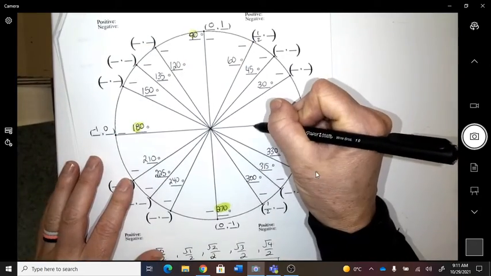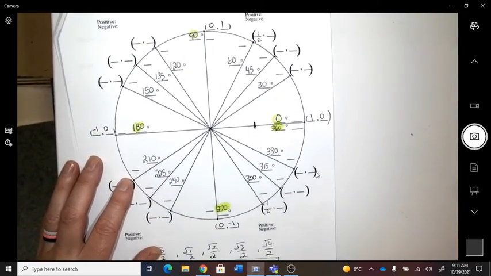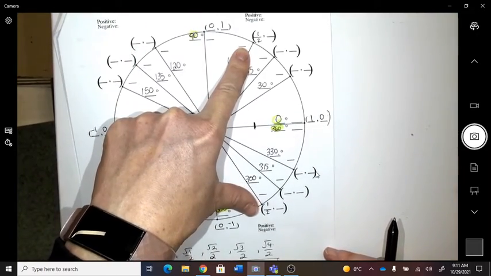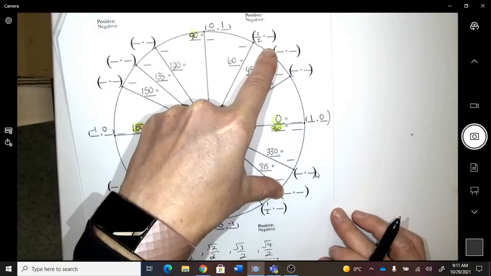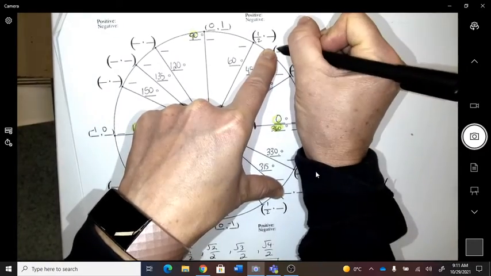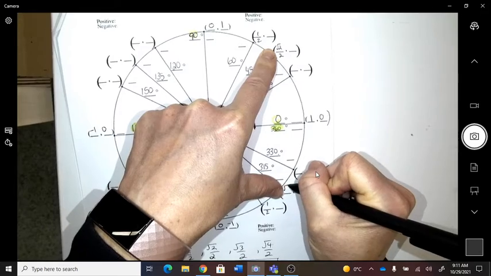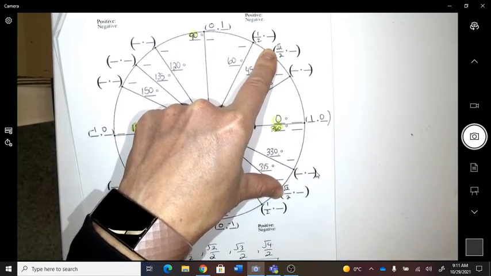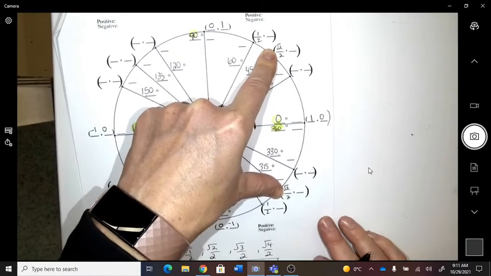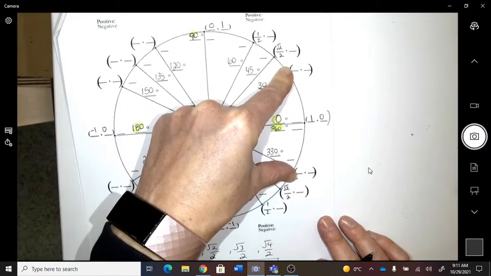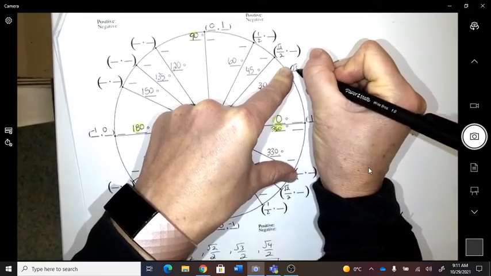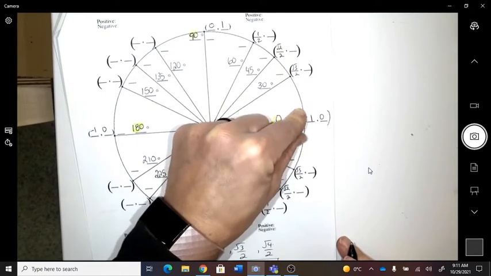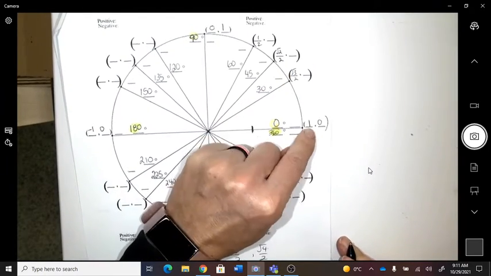Can you see on the graph where those coordinates are? They have an x value of 1/2. Okay, move right. What's the next x coordinate? Root 2 over 2. Move right. The next x coordinate is root 3 over 2. Move right, and the next x coordinate is 1.